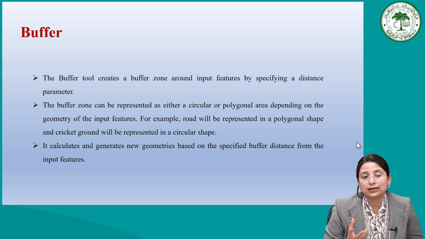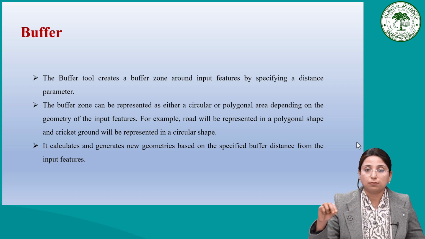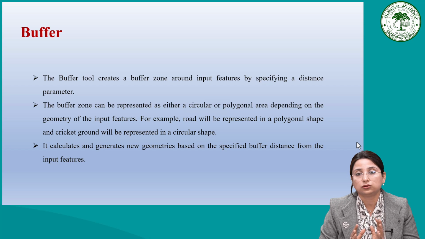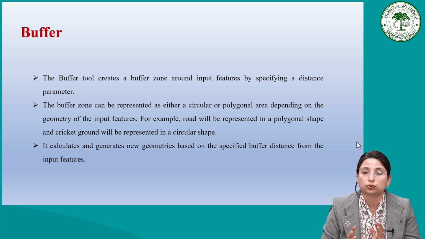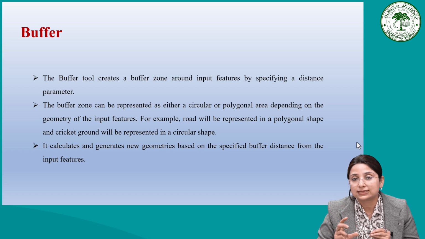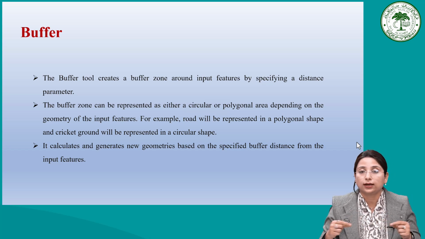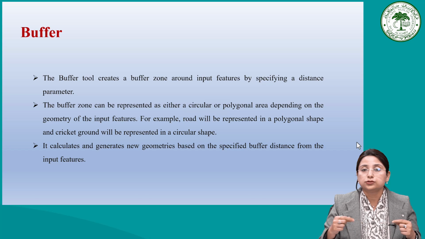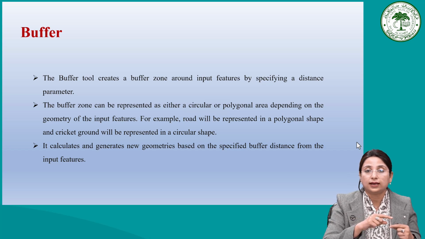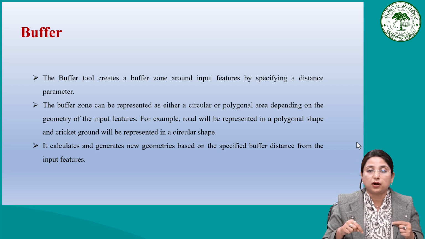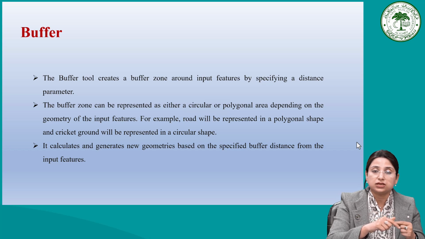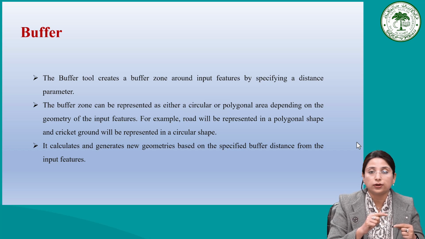Actually, what is a buffer? It creates a boundary zone, known as the buffer zone, around the feature, specifying a particular distance. For example, suppose there is a road and we want to create a boundary of 500 meters all along the road.